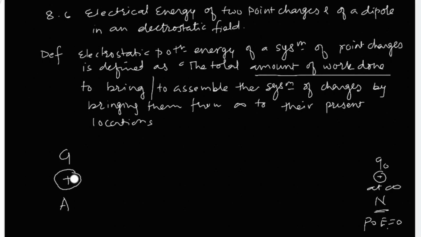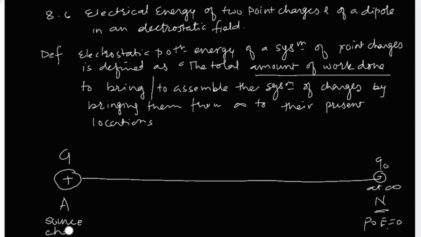Now you can see these two charges are positive in nature. So what type of force will be there? The force of repulsion will be there, and because we are considering this as a source charge, we can say this is fixed and only the test charge is moving.